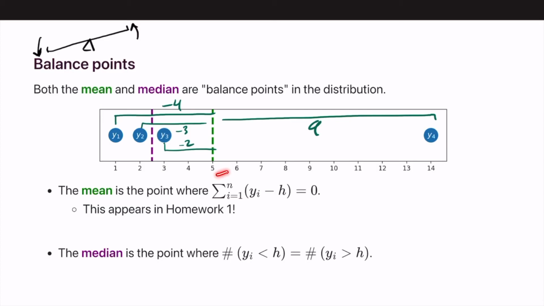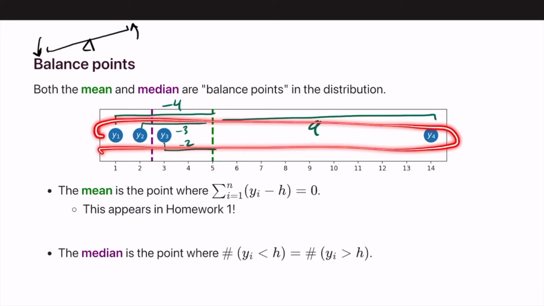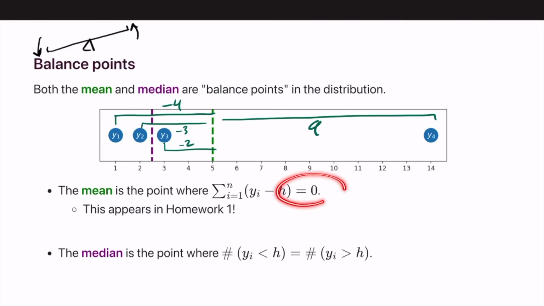But this 5, when we subtract it from all 4 of these y's, we want to find out if it's 0. If it's not 0, then we don't have H star, we just have H. When we find H star, it will equal 0, and we can show that here by taking the values, and we see that -4, -2, -3, and 9 cancel out, and it winds up being 0.